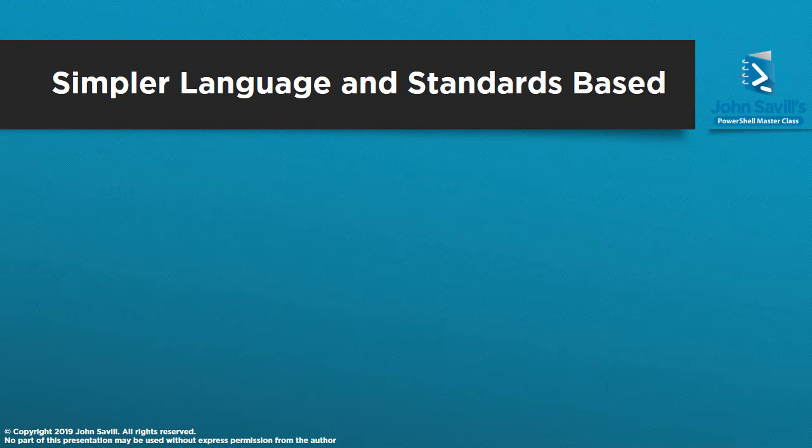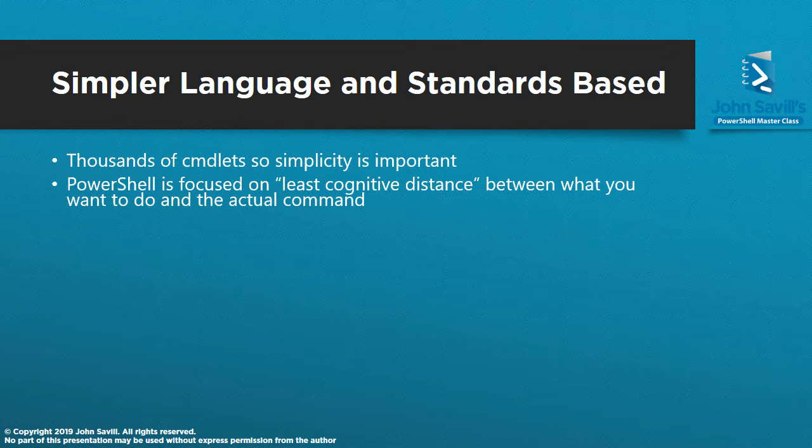With so much power, so many different capabilities, a simpler language and standards-based is important. There are literally thousands of commandlets. So as mentioned, we have this least cognitive distance. We're going to use this verb-noun.